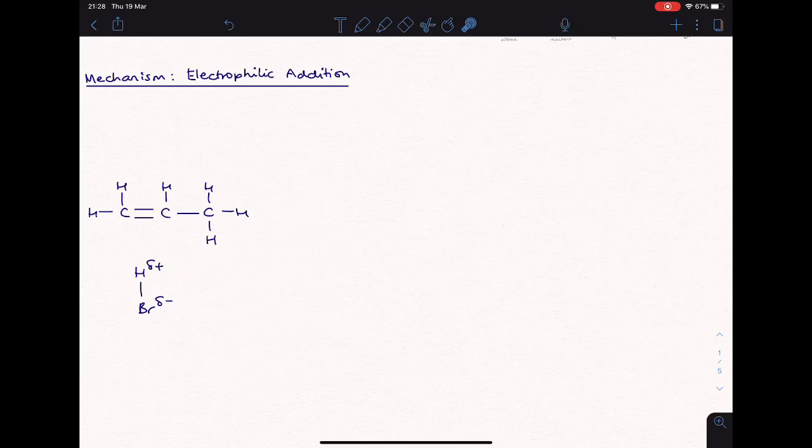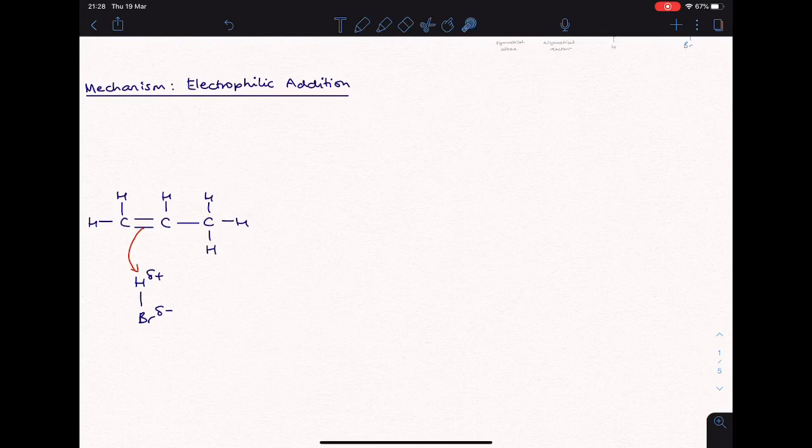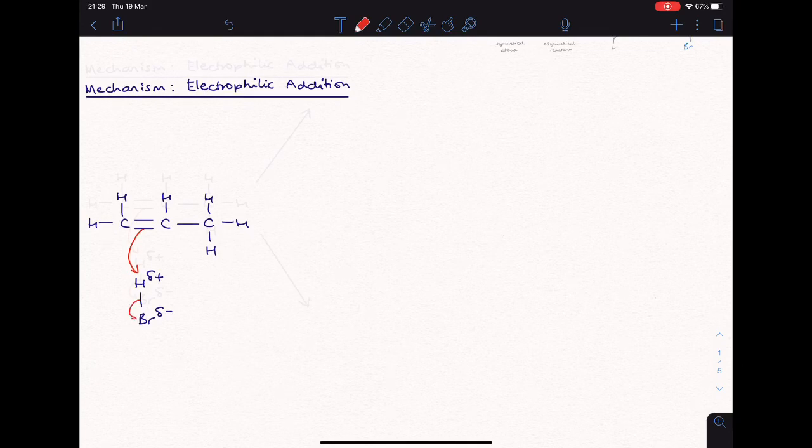The first thing that will happen is this pi bond will be attracted to the electrophilic partial positive hydrogen here, and the electrons will move from the middle of the pi bond to that partial positive hydrogen. As those electrons move towards hydrogen, the pair of electrons in the bond here will be repelled away, and the only place it can go will be towards the bromine.